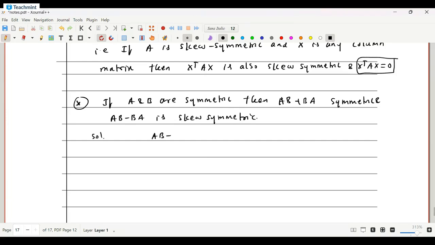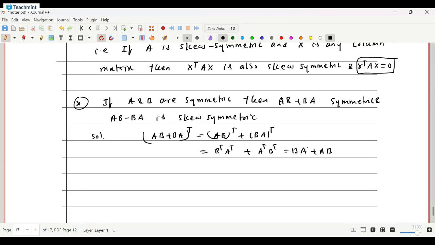Consider AB plus BA whole transpose. By definition, A plus B whole transpose equals A transpose plus B transpose. So AB whole transpose equals B transpose A transpose plus A transpose B transpose, which is equal to, where B transpose is B and A transpose is A, plus AB.